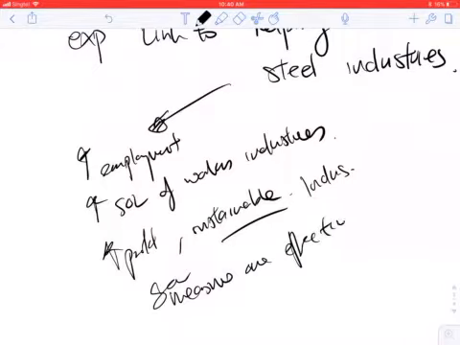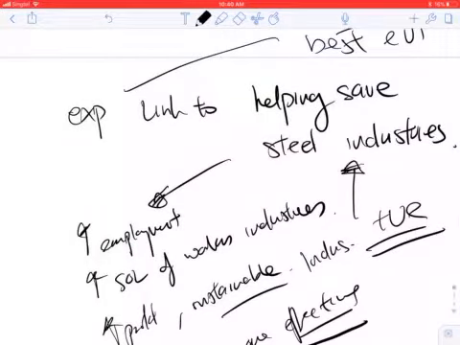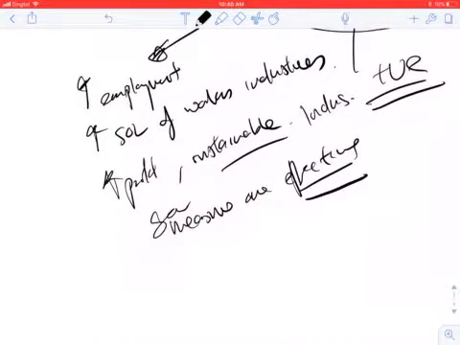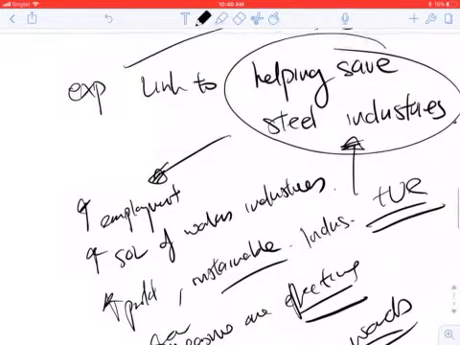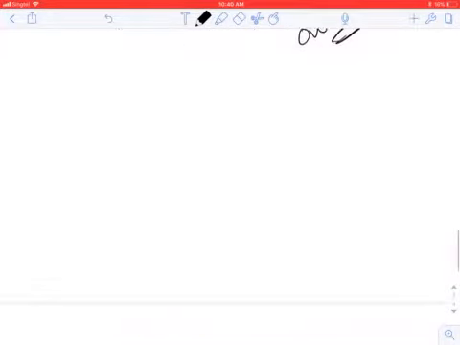You must see the active change, you must see the positive impact of the government policies, and that is how you can link it to helping to save the industries. Okay, please explanation in your own words and then link it back to thus this shows or this tells me that the government is helping to save the steel industries.